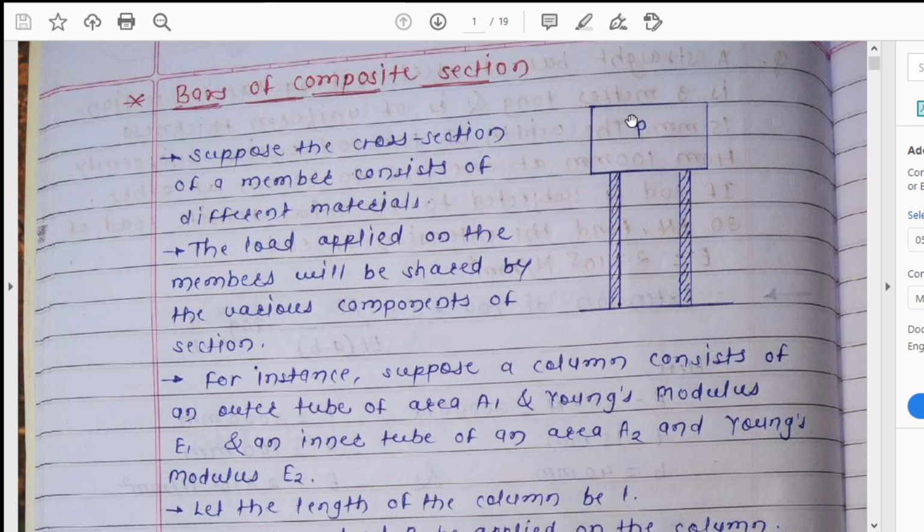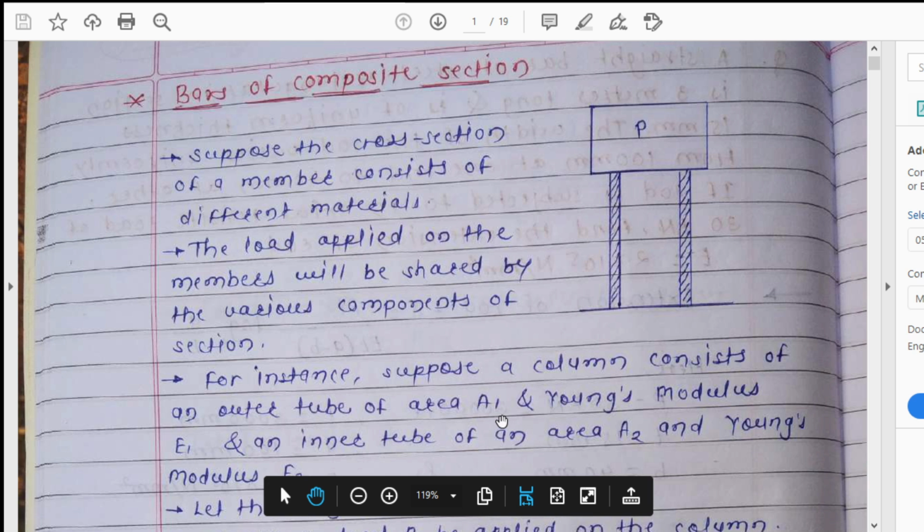Now the load applied on the member will be shared by all the components of that section.